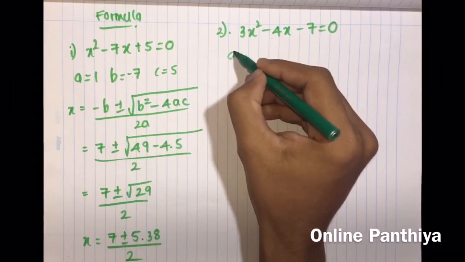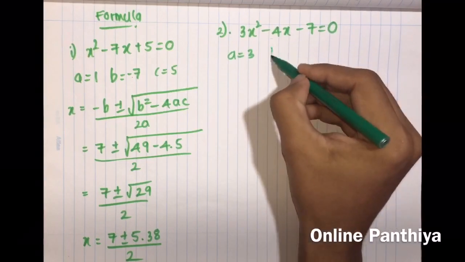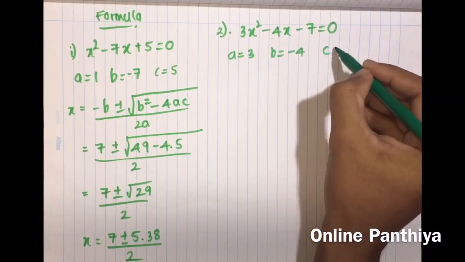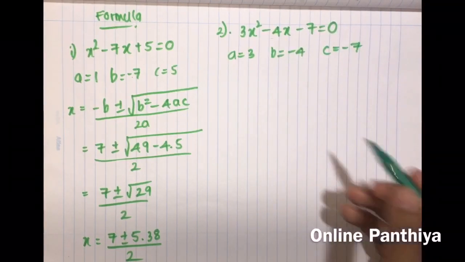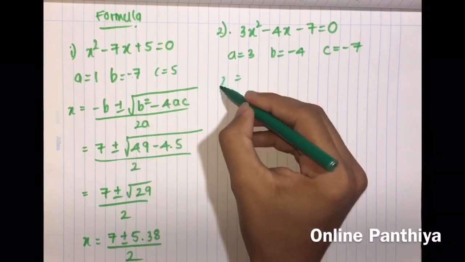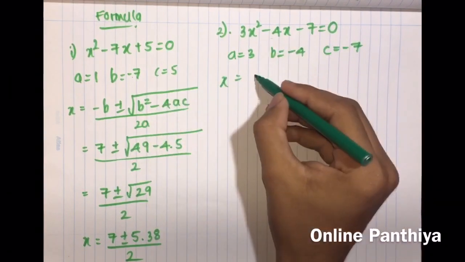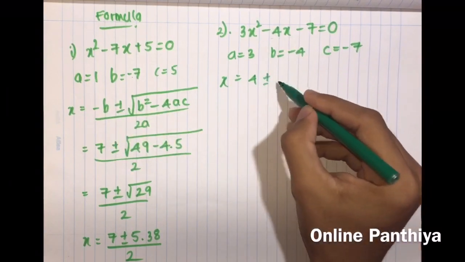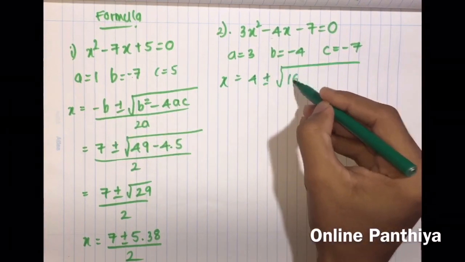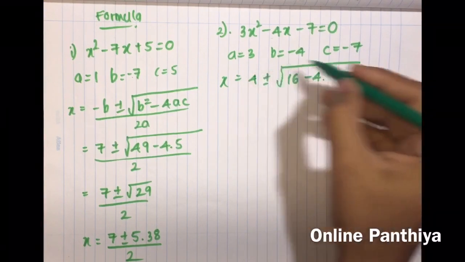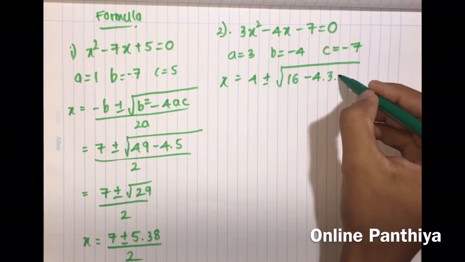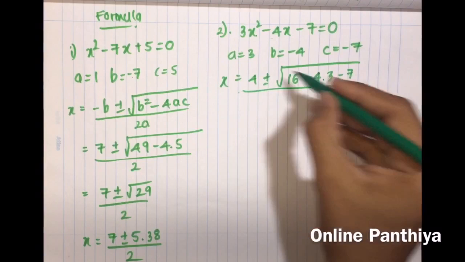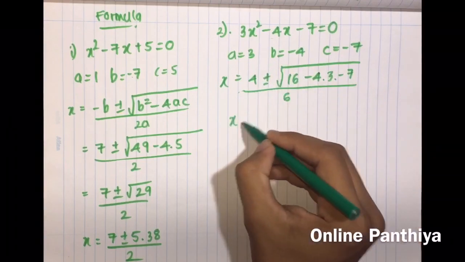So you have to just identify the terms. a is 3, b is minus 4, c is how much? It is equal to minus 7. You have the formula here, so just substitute. Here you have 4, because b is minus, and minus becomes plus, and plus or minus square root of b squared, which is 16, minus 4 times a, which is 3, times c, which is minus 7, over 2 into a, that is going to give you 6.